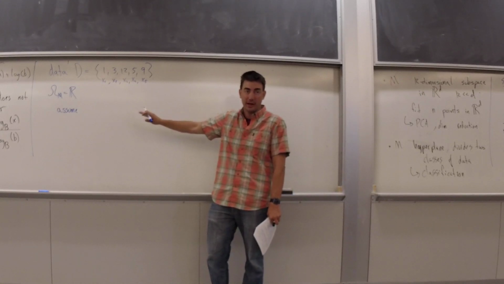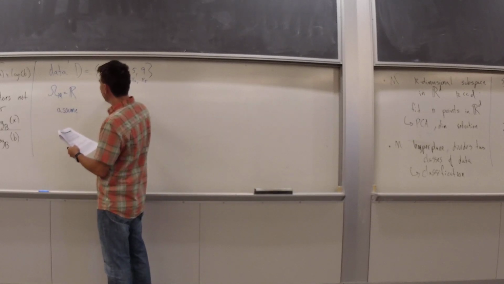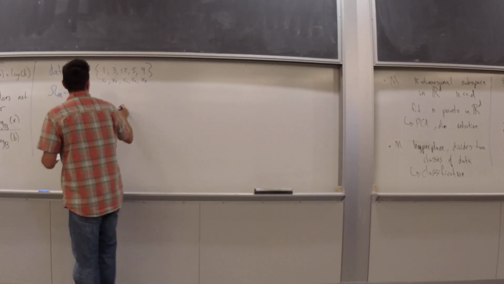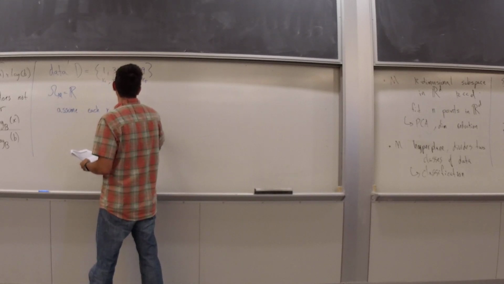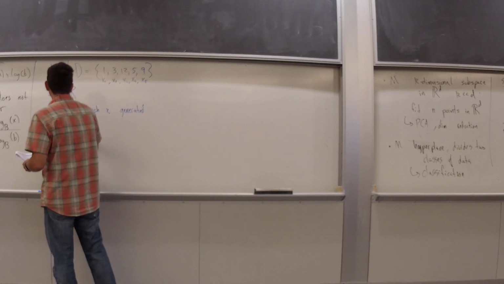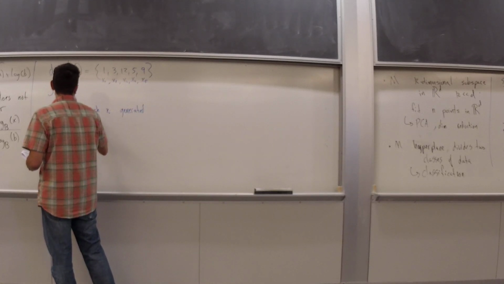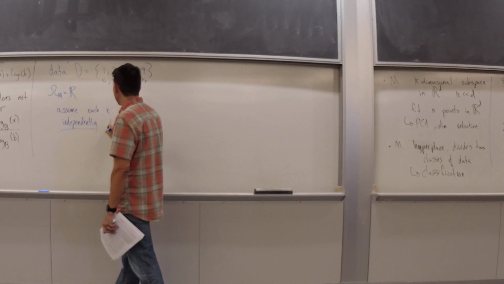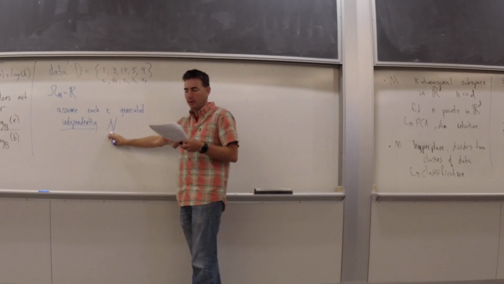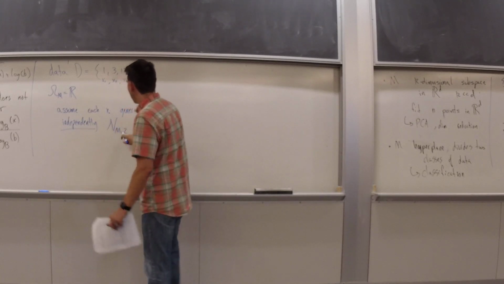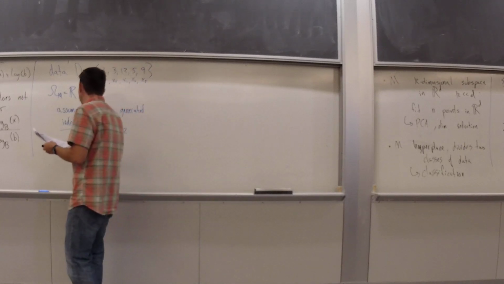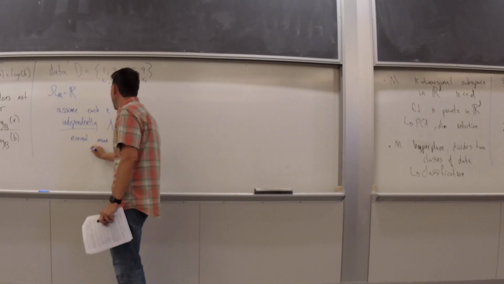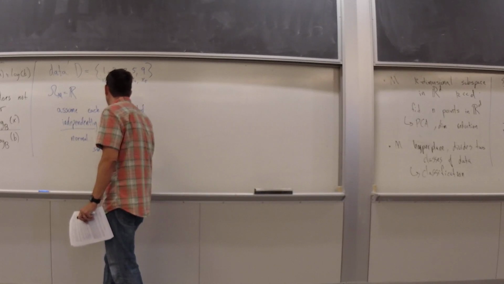I'll write this down explicitly now. We're going to assume that each data point xi was generated independently from a model, which is going to be a normal distribution, a normal distribution with a mean value m and a standard deviation of 2.